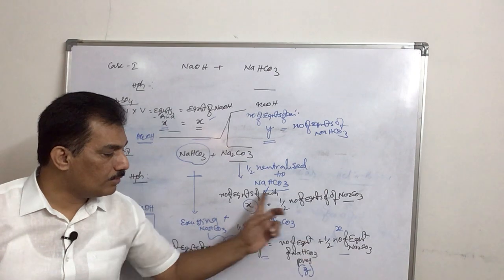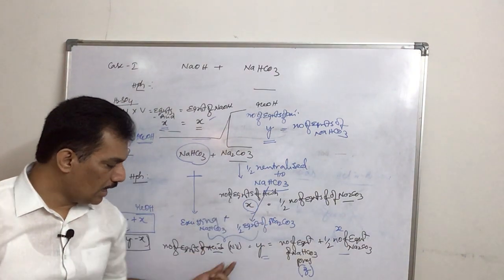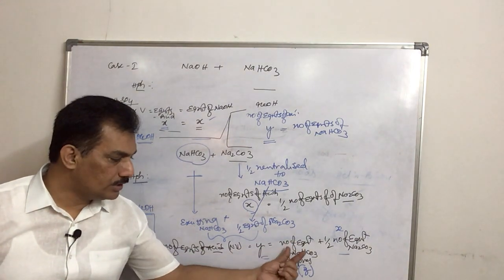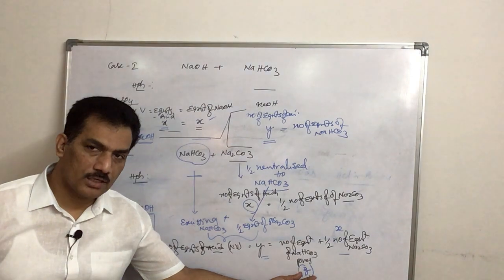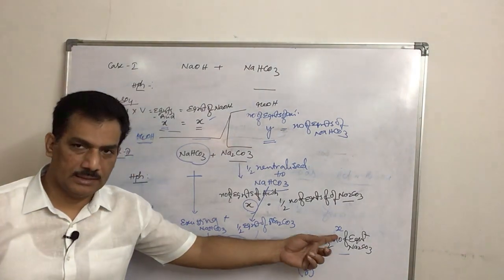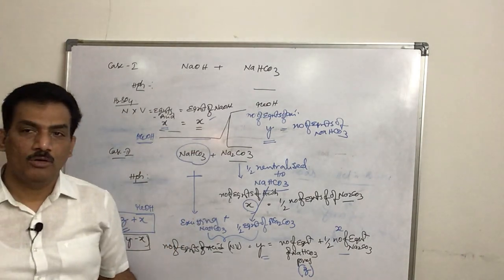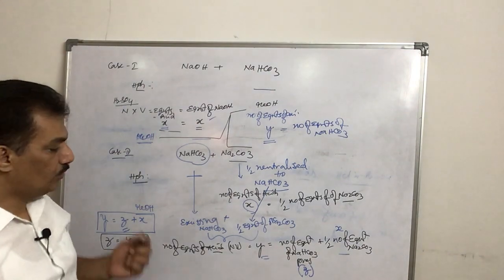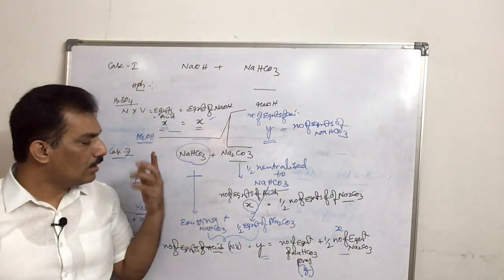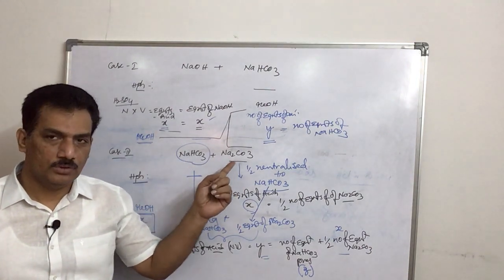That half we got in the previous titration as X, and the total equivalent weights of acid used is Y. If the present NaHCO3 is Z, then Y is Z plus X, so Z can be calculated as Y minus X. In such a manner, we can measure the percentage or the number of equivalent weights of NaHCO3 and Na2CO3.